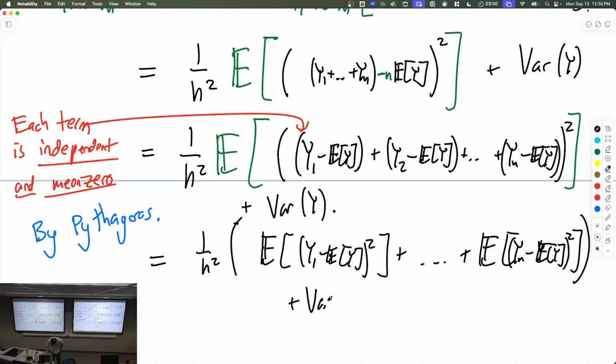Okay. So in other words, we've taken this complicated thing, which is a sum of a bunch of stuff all squared, and by Pythagoras, we can add up the individual parts. That's what Pythagoras lets us do. This is the Pythagoras theorem with n things, not just with two things, but that is perfectly fine. Okay, we're very close now.